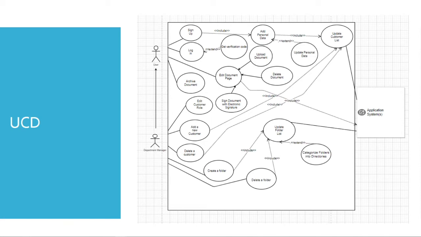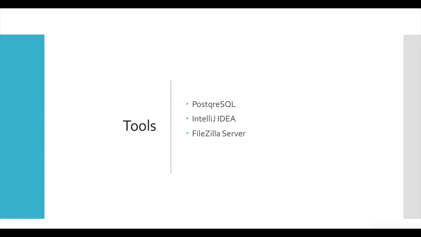Now, Sofia will explain our source code and show the prototype. So thank you, Elci. Now I'm going to tell about the tools we have used for this project. We have used PostgreSQL for the database purposes and FileZilla server for FTP server, and we have used IntelliJ IDEA for the development part.